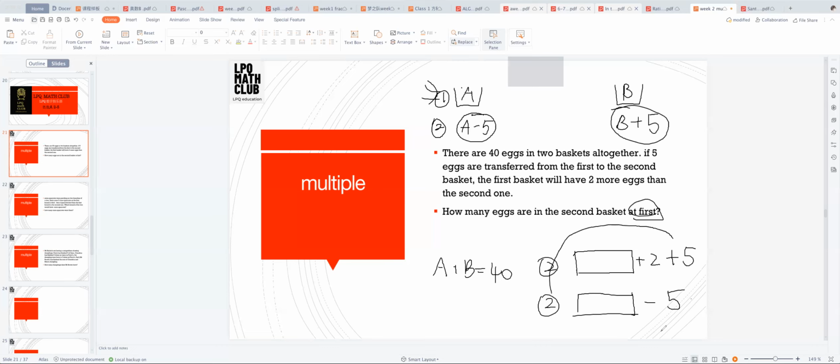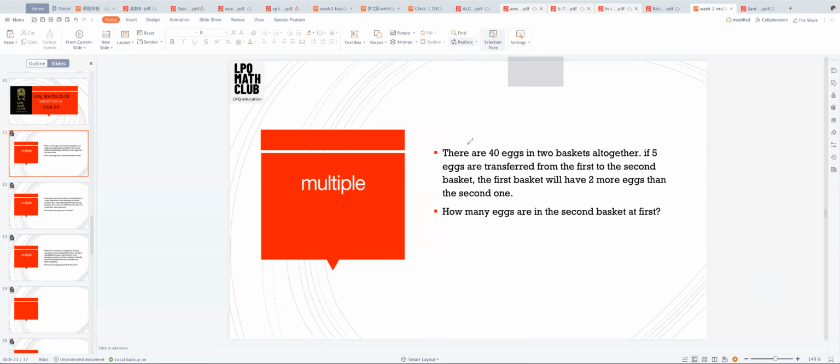No matter plus or minus, the total still equals 40. So the original A, A eggs, minus 5, equals basket B plus 5 plus 2.